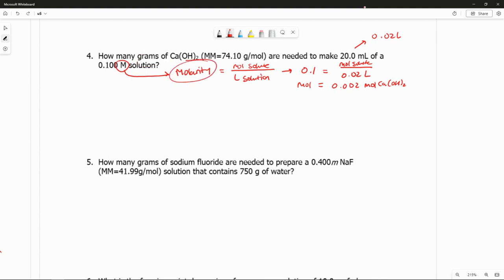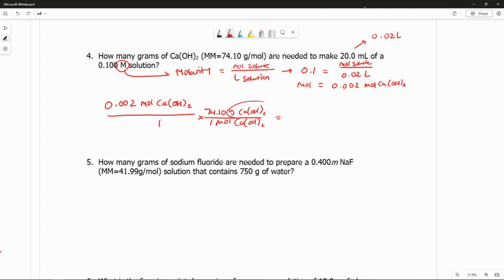All we did here was use our molarity definition to find the amount of moles in order to convert to grams, the final answer it needs. Take 0.002 moles of CaOH2. For every 1 mole of CaOH2, we have our molar mass, 74.10 grams of CaOH2. Moles of this and moles of this cancel, leaving us with grams in the end.